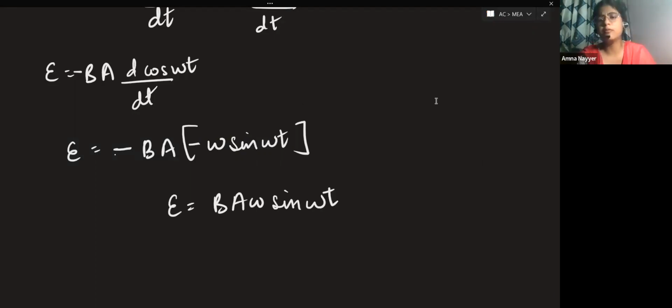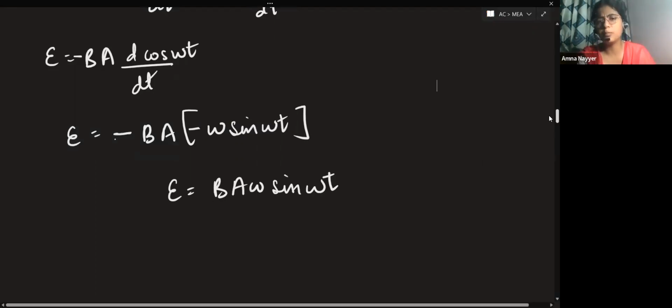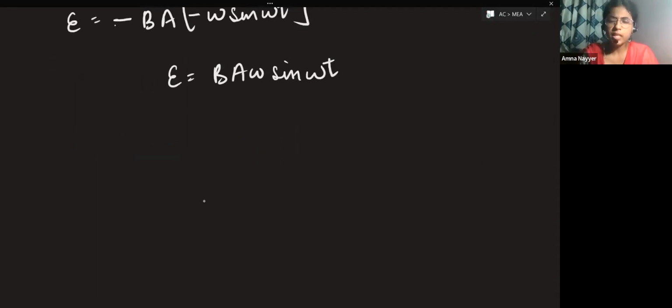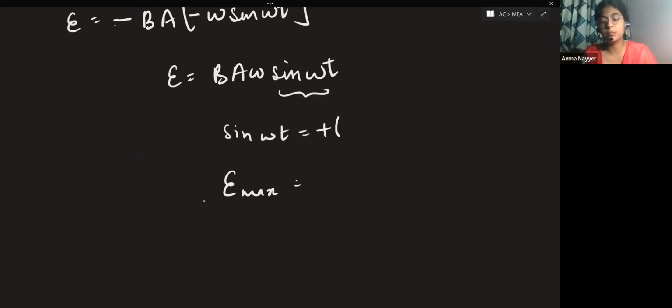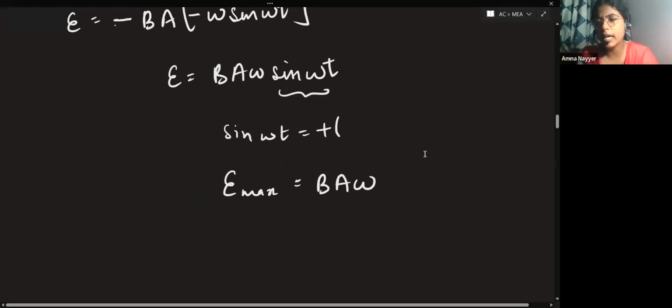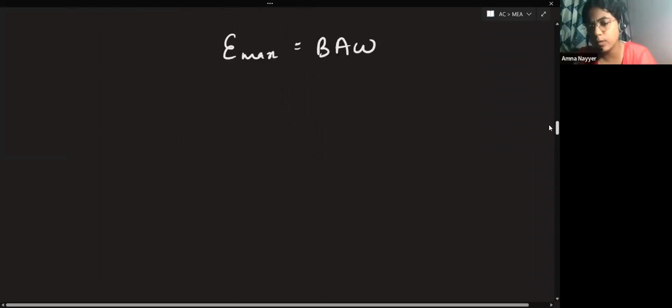And in this, see, the maximum value of EMF that is possible: if sin omega t is plus 1, then the maximum value of EMF possible will be BA omega. For that, sin omega t has to be plus 1, and you know when sin theta is 1.